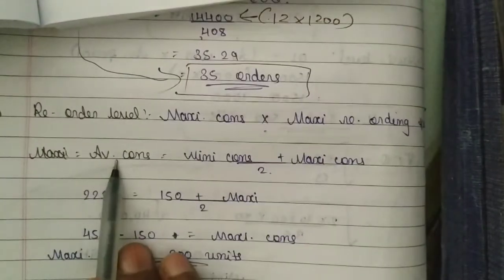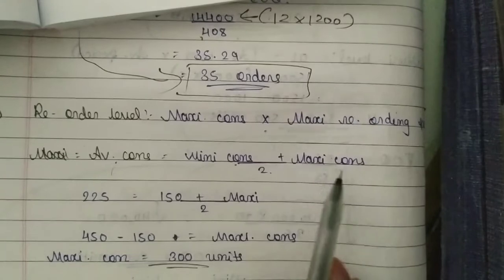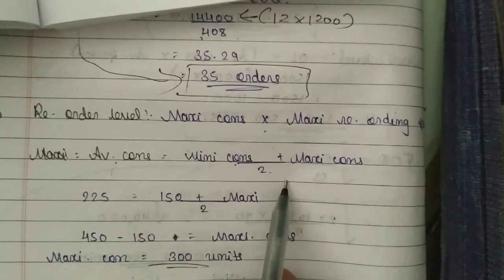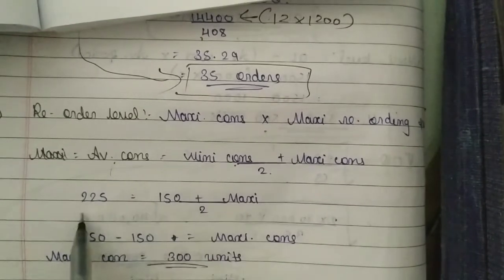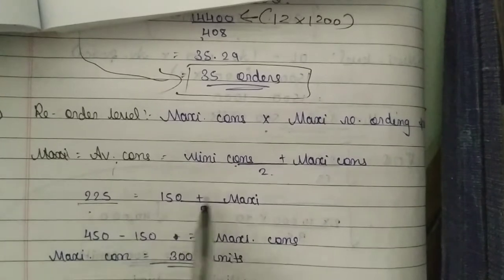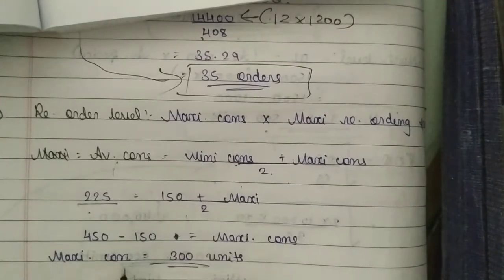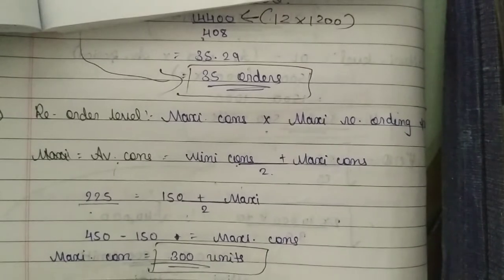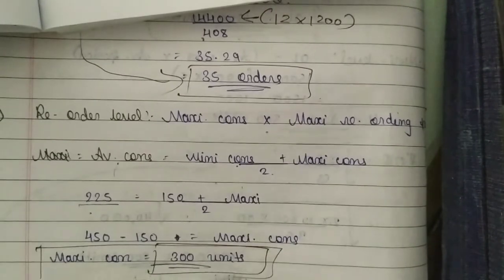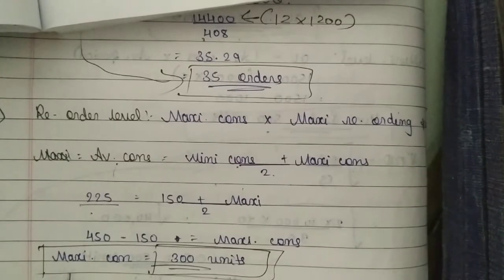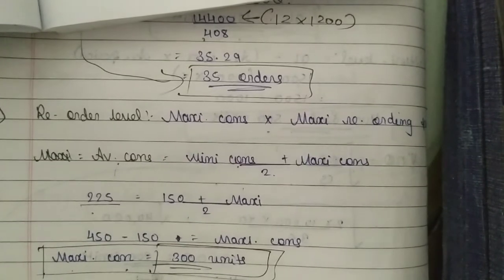Average consumption is equal to minimum consumption plus maximum consumption divided by 2. So the average consumption is 225, minimum consumption 150 plus maximum, divided by 2. The answer of that particular solution is 300 units. So we have found maximum consumption, that is 300 units.